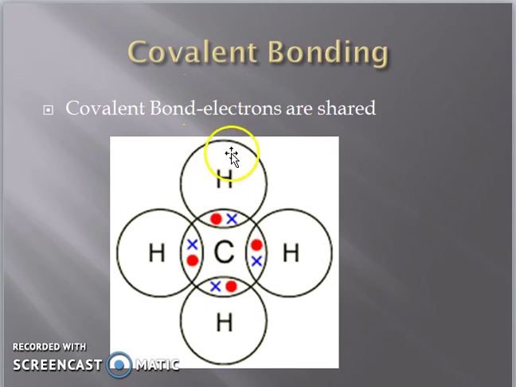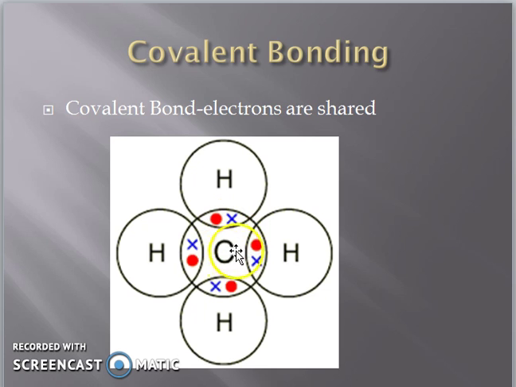The next one is covalent bonding, where instead of actually giving one to the other, in order to reach the stable configuration, the electrons are shared between both types of elements. So in this case, we have a carbon that is bonding to 4 hydrogens. So hydrogen only has 1 electron orbiting its outer shell, and carbon, which has an atomic number of 4, has 4 electrons represented by the X's.